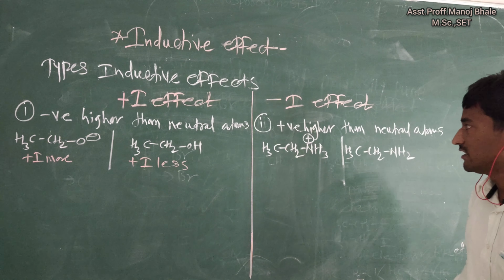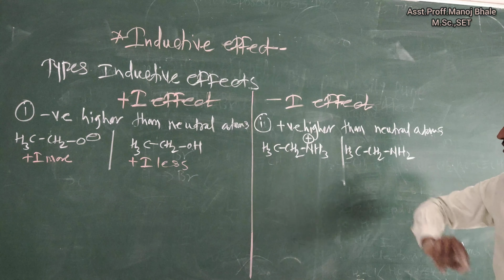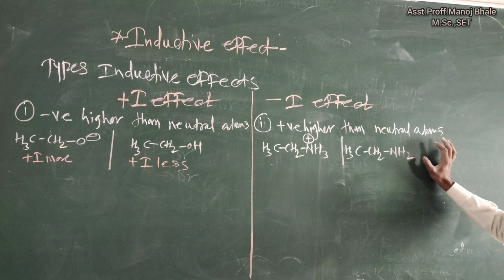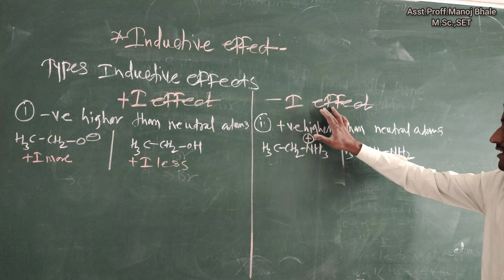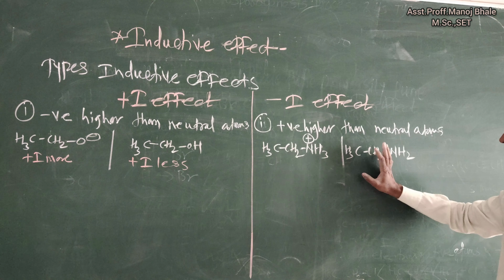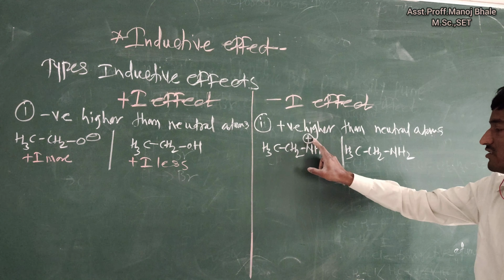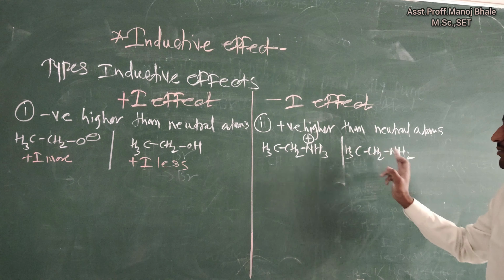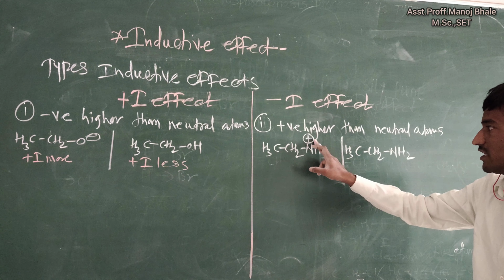If we compare both of these examples, the first has a plus charge and the second is a neutral molecule. So if we compare the minus I effect in the charged structure and the neutral structure, the charged structure having the plus charge has a higher effect than the neutral atom.